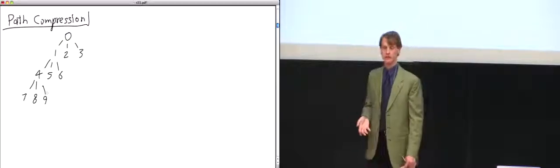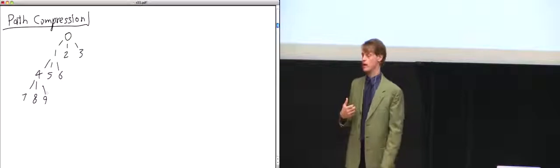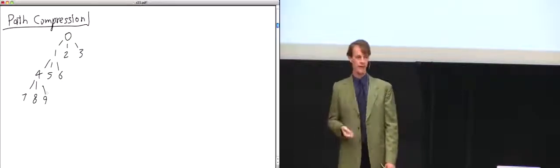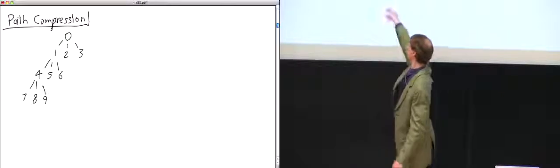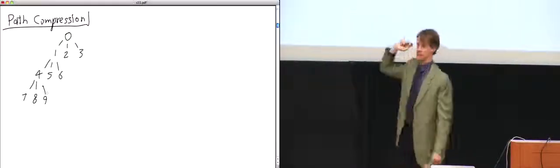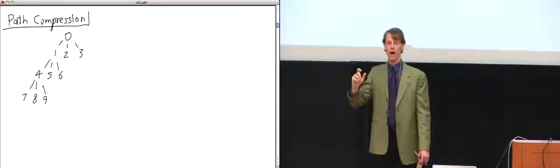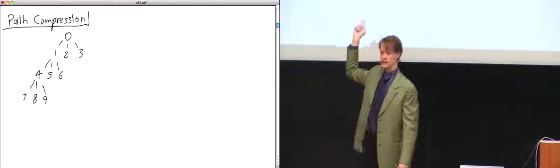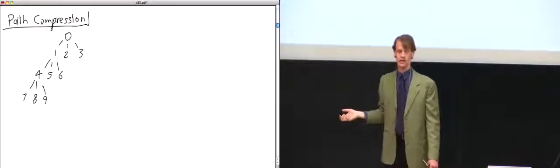In order to make this data structure as cheap as possible, what I want to do is compress the path. And that means once I discover that if I do a find 7 and walk up, I wind up at 0, why not just make 0 be the new parent of 7 in the find operation?